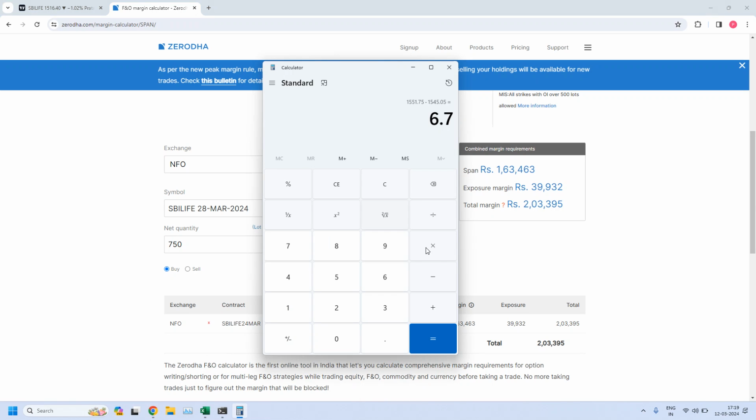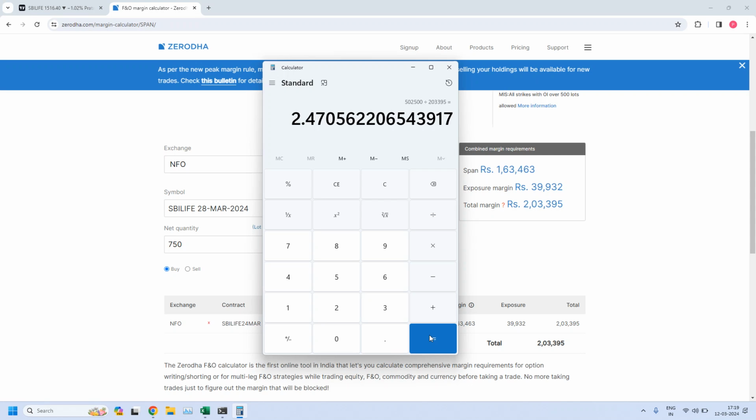So 6.7 into 750, so 5,000 rupees risk you have to bear to take that. Is it within the limit? Into 100 divided by 2 lakhs, that is 2.47 percent. No, you cannot accept the risk.